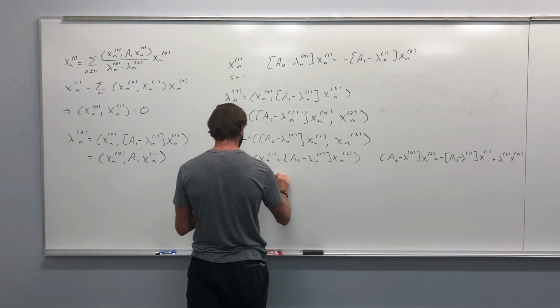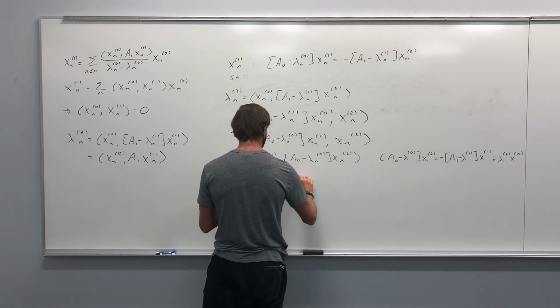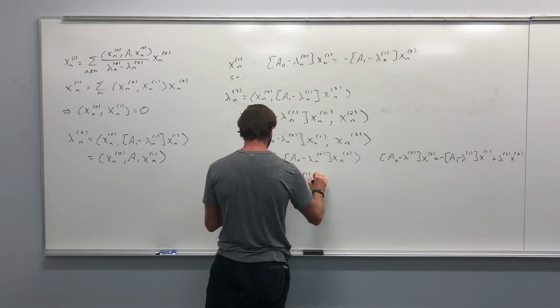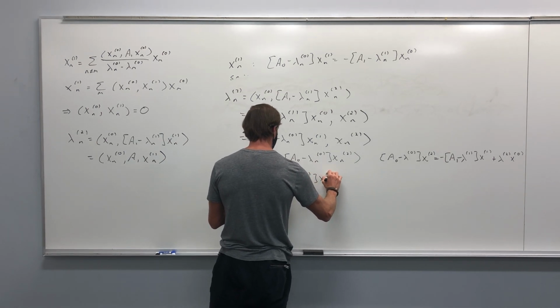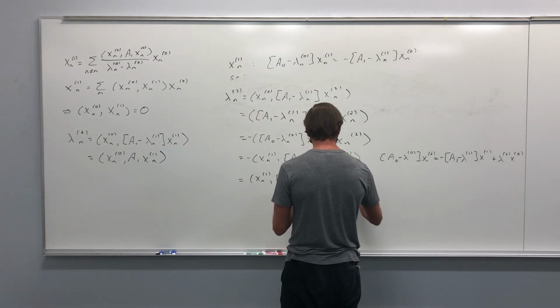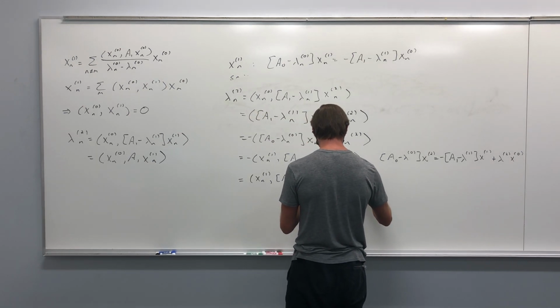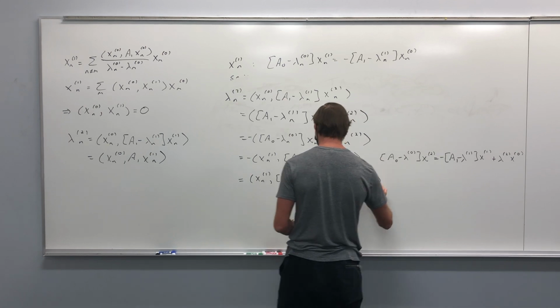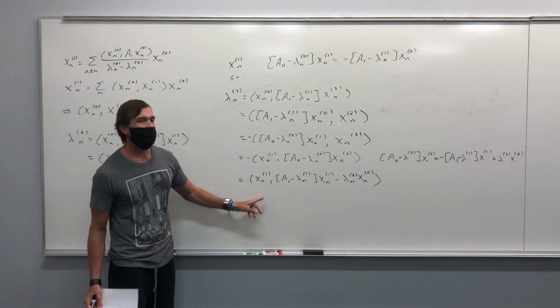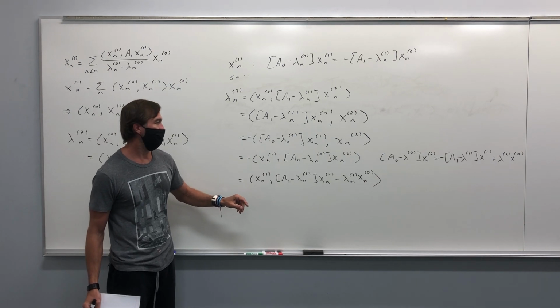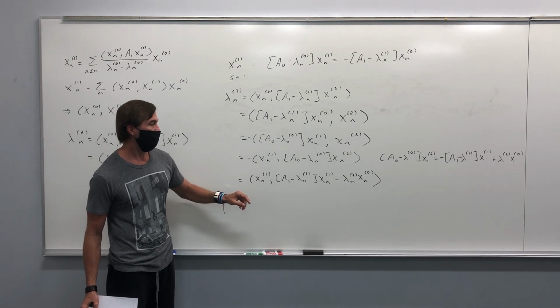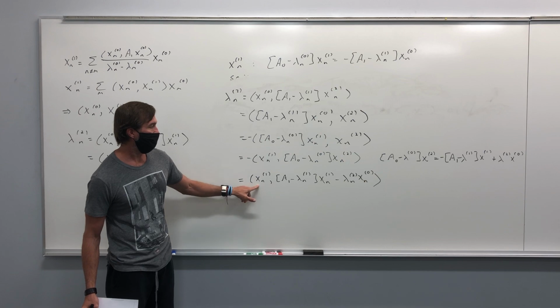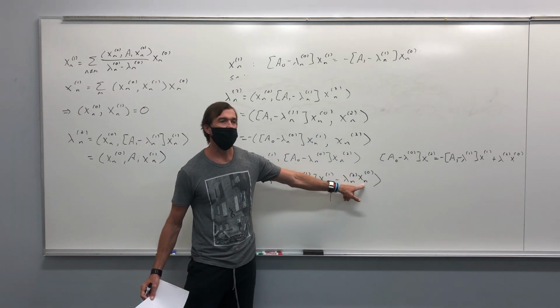And then that gives us ⟨x_n^1, (a1 minus lambda_1^n) x_n^1⟩ minus lambda_2^n ⟨x_n^1, x_n^0⟩. And now how does this simplify? The last bit's gone. The last bit's gone.